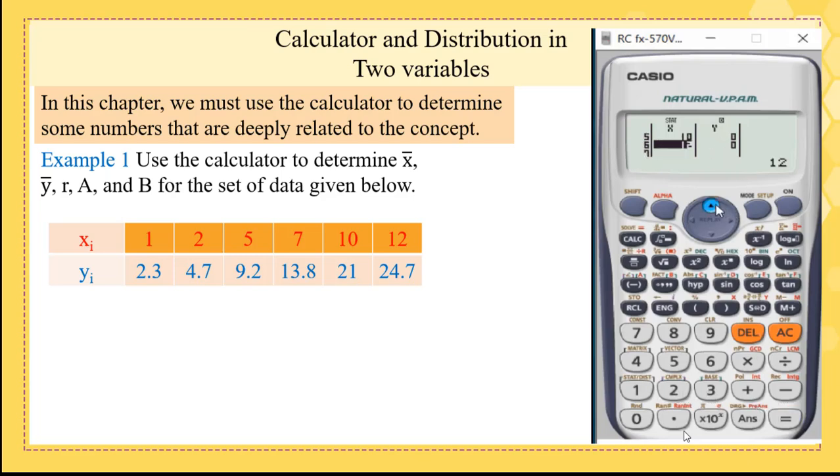Then we complete by entering the variable y and all its modalities: 2.3, 4.7, 9.2, 13.8, 21, and 24.7.